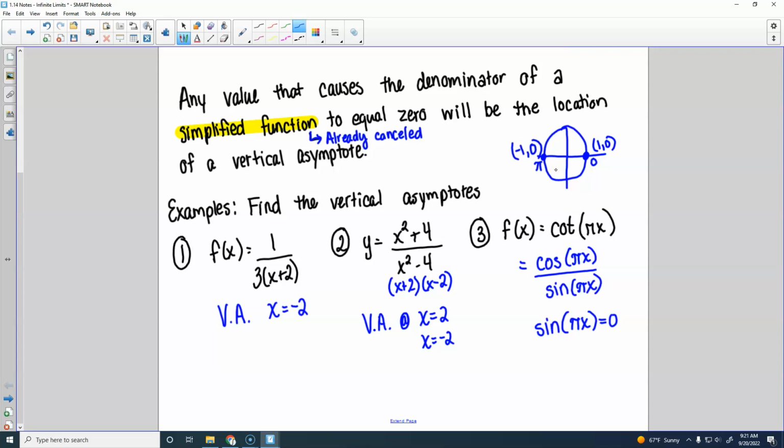So sine is going to equal 0 if pi x equals, I'm going to call it this, k times pi, okay? And I'm going to put a little asterisk right here that says k is an integer. So that means it could be 1 pi, 2 pi, 3 pi, 4 pi, 5 pi, negative 3 pi, negative 7 pi. It's all increments of pi, right?